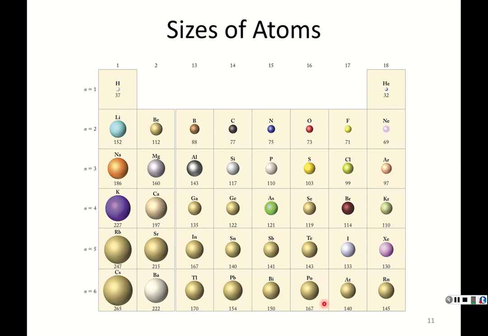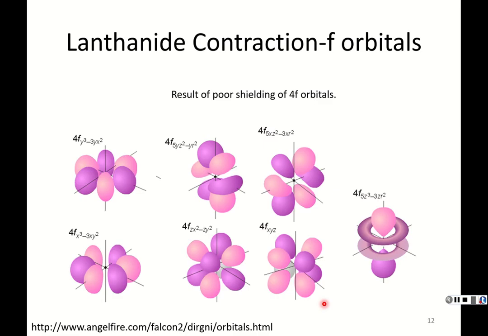The lanthanide contraction limits it; the effective nuclear charge, in a sense, is higher because these f electrons don't shield as well.